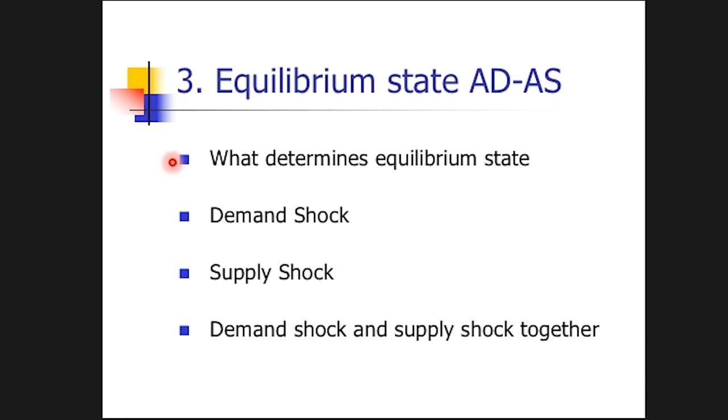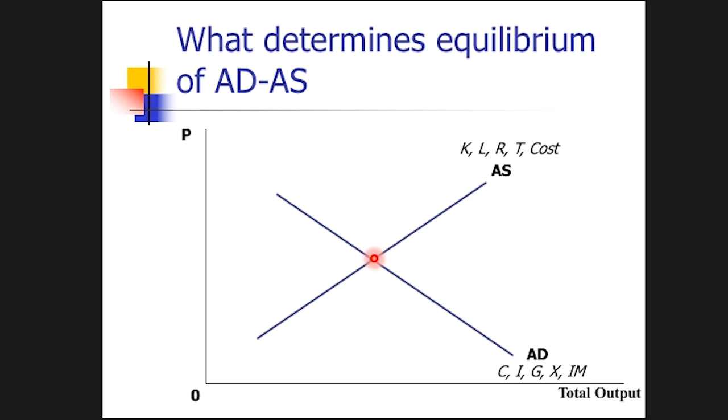Firstly, we determine the equilibrium state for the model. That is the intersection, or the crossing point, between AS and AD in the short run. At this crossing point, we have E0, the equilibrium, and at this equilibrium we have the equilibrium price and output.